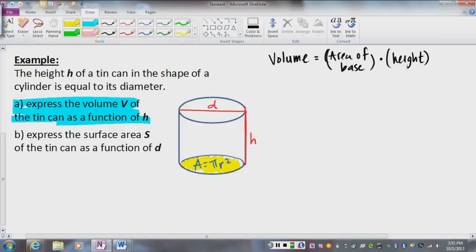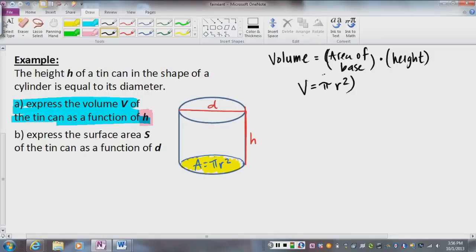But the thing here, though, is that I want to write this as a function of h, meaning when I write my formula for volume, it needs to be v equals a bunch of stuff that has h's in it. No other variables can be used. So, area of the base is pi r squared.